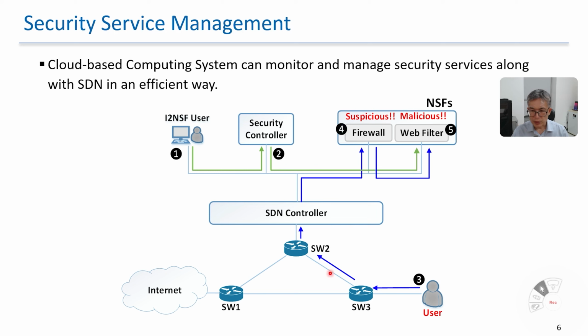As a packet goes through, if a switch thinks the packet is malicious, it forwards it to the SDN controller. The SDN controller forwards the packet to security service functions like a firewall and web filter, and they can handle it. If those packets are malicious, they can drop them and report to the administrator.